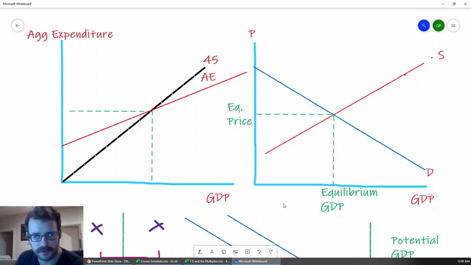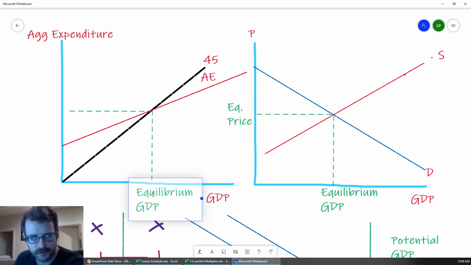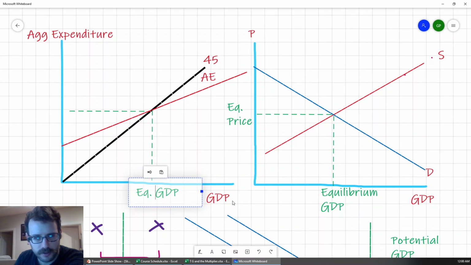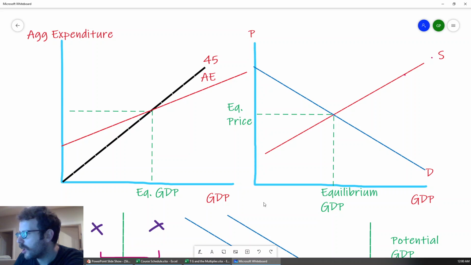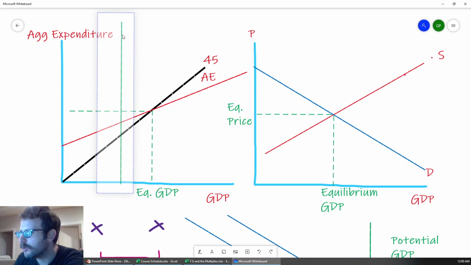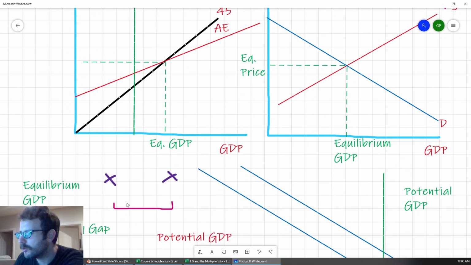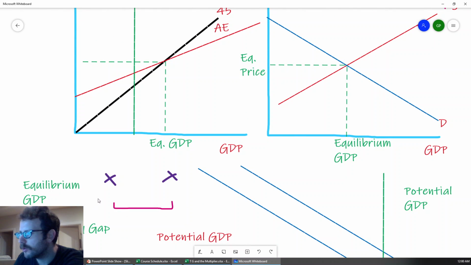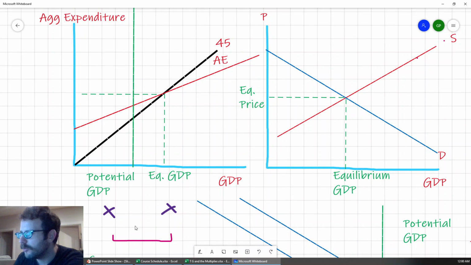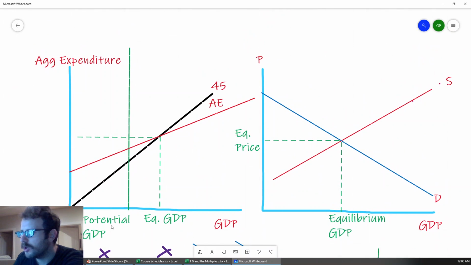So if I have equilibrium GDP over here, I'm going to abbreviate this to EQ GDP. And then let's say I have a potential GDP here.